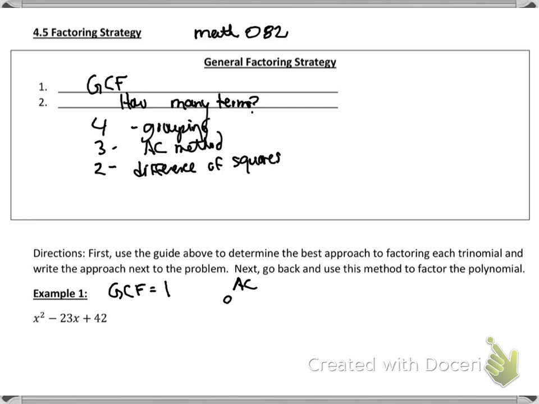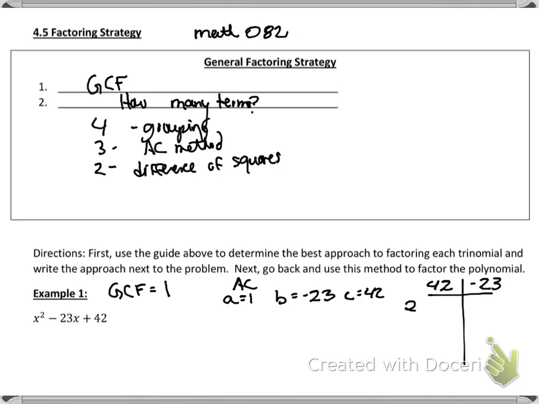In this problem, our A is 1, our B is negative 23, and our C is 42. So the product of A and C is 42, and B is negative 23. We need to start listing different things that go into 42.